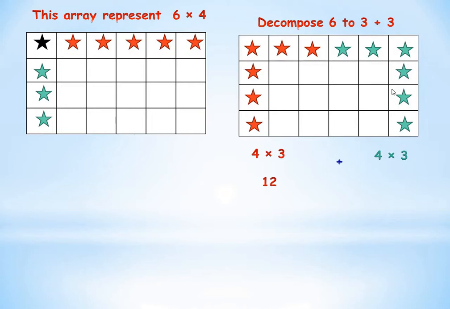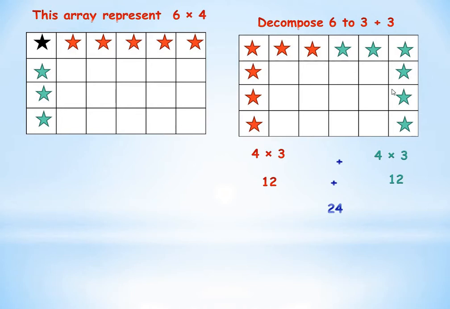Excellent, it's equal to 12. Second part, 4 times 3 also, is equal to 12. So now we add 12 plus 12, which is equal to 24. Excellent.